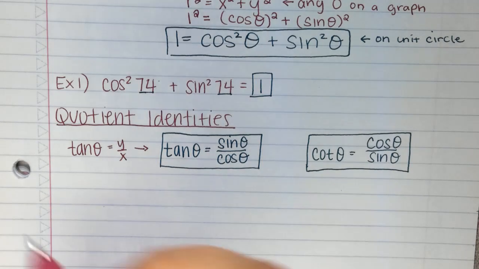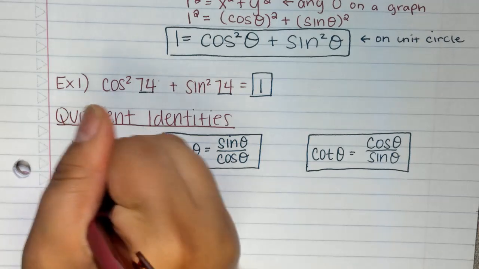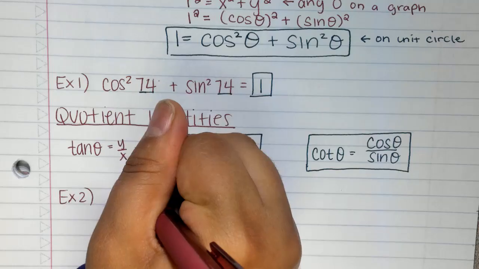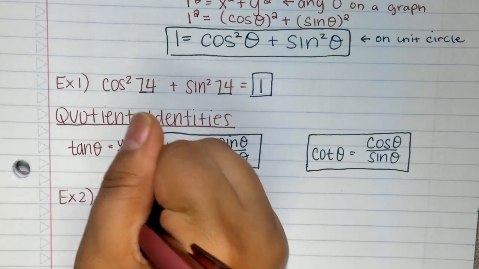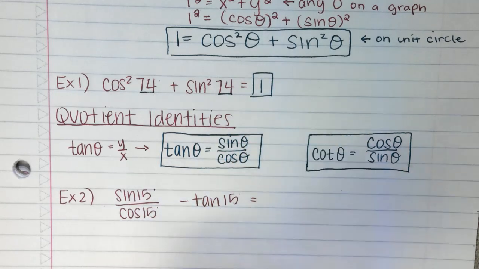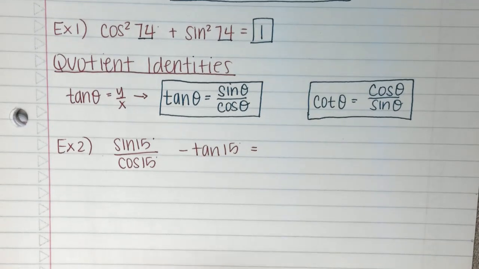So how would we use this? Simplify the following. What is the sine of 15 divided by the cosine of 15 minus the tangent of 15 degrees?